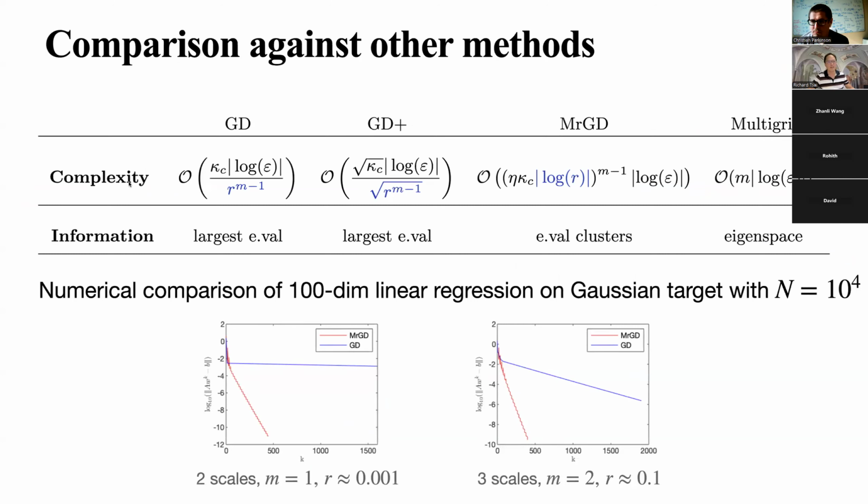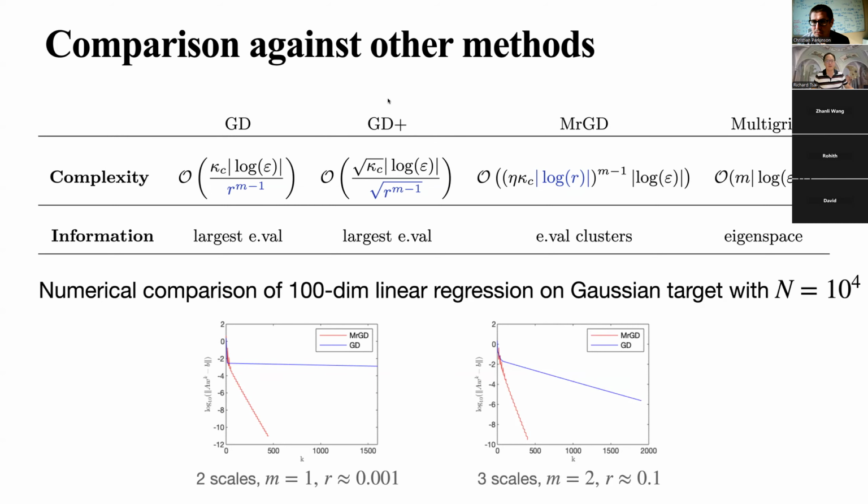In terms of complexity, how many steps does one need for, in this case, gradient descent in order to converge to an epsilon neighborhood of the optimizer? The information needed is that you need to select your learning rate so that the gradient descent is stable, so you need the largest eigenvalue. This is a momentum method.